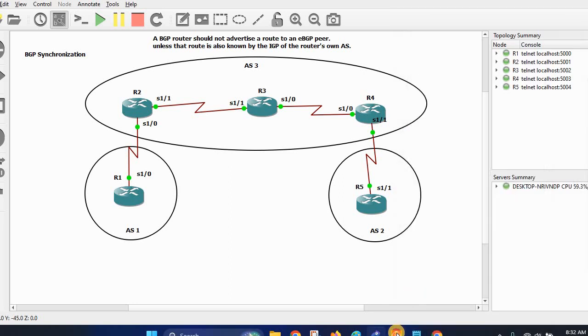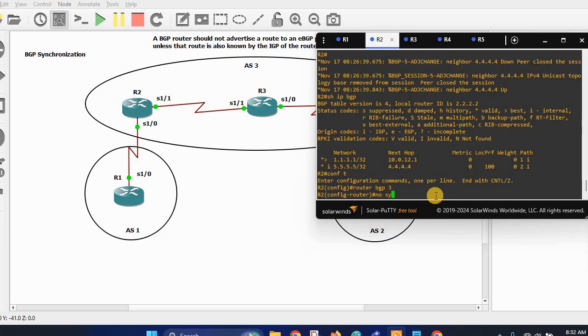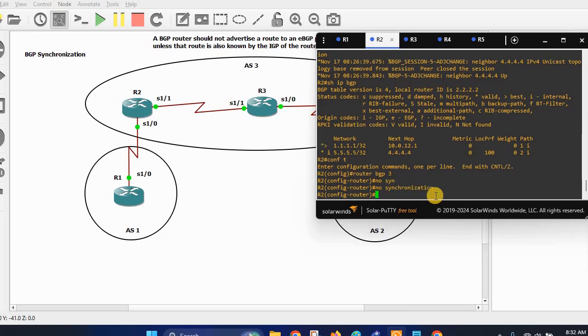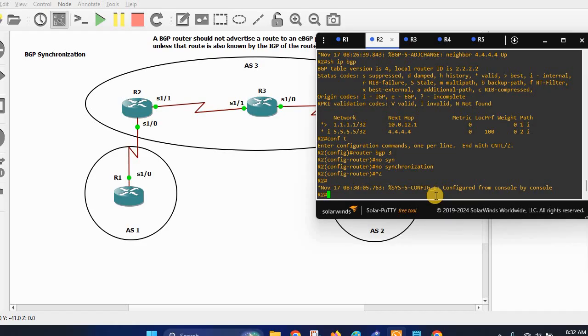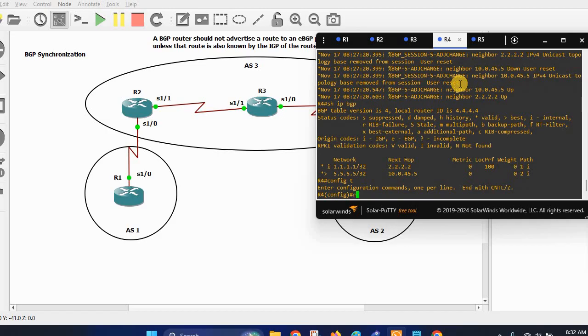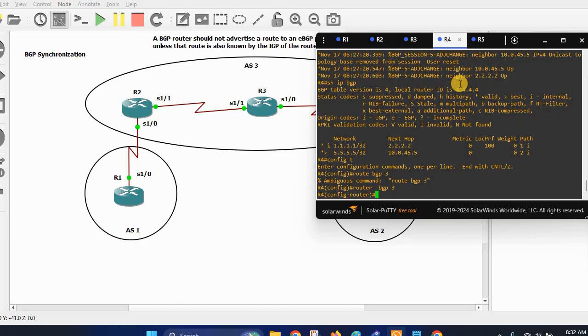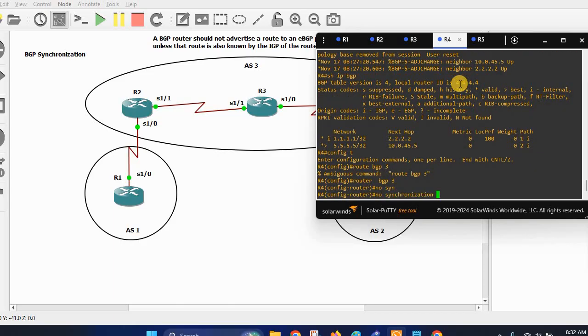First, we will disable the synchronization here. Router bgp 3, no synchronization. Only a one-step command, and clear the BGP. R4 also does the same thing: router bgp 3, no synchronization.